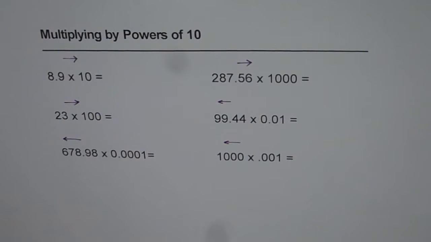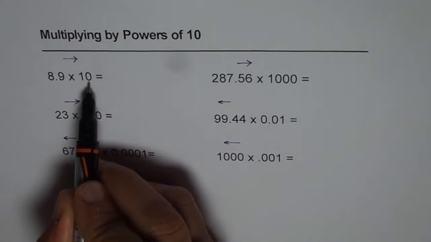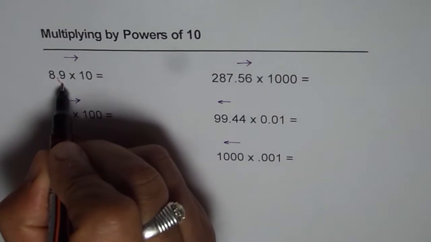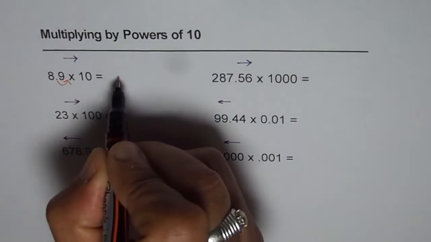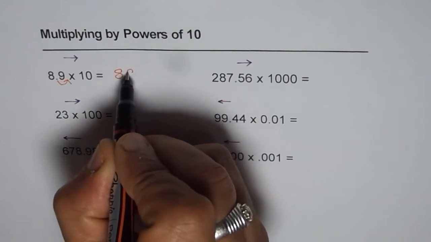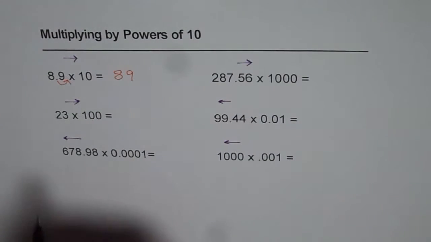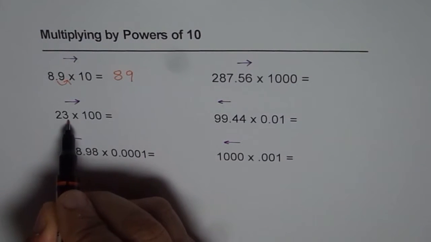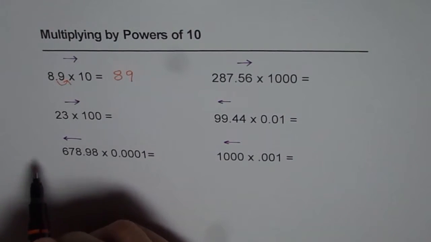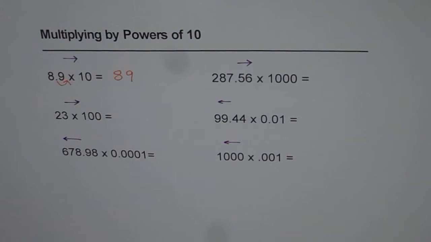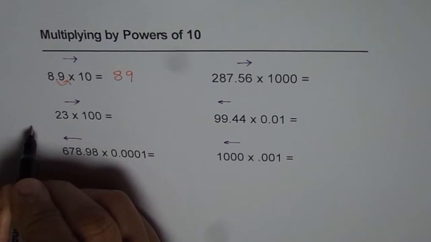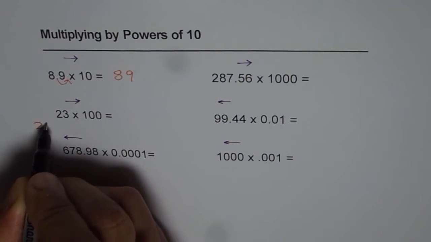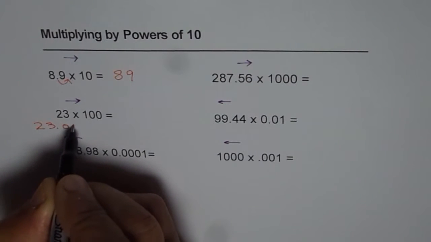That's the next part. When there is 10, that means one position. So we just move it one position to the right and write down our answer. It'll be 89. Correct? Now here, 100 means two positions. We don't really have anything here. So what do we do for such things? For such things, you can rewrite the number. We can rewrite 23 as 23 decimal, any number of zeros.